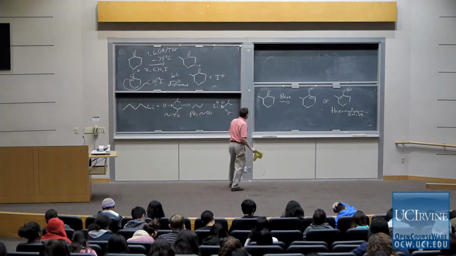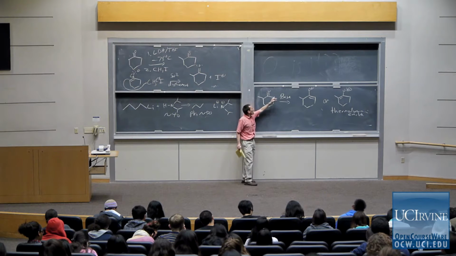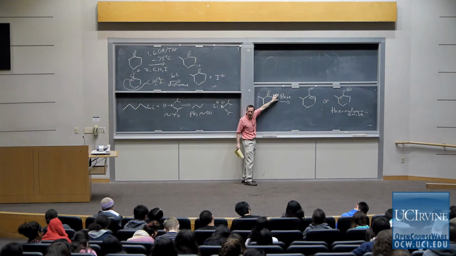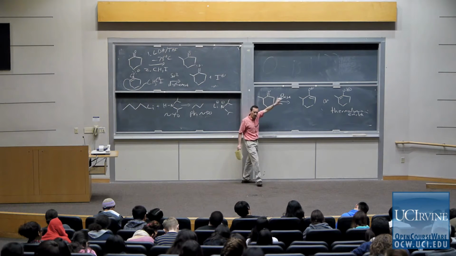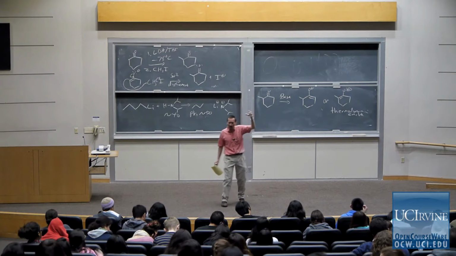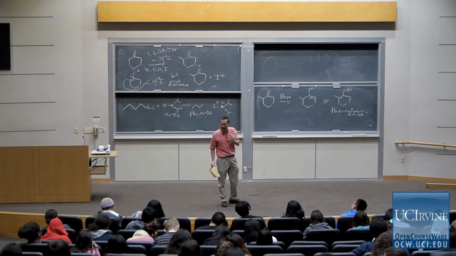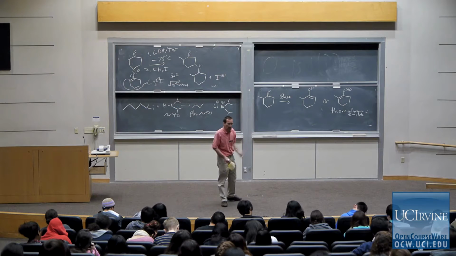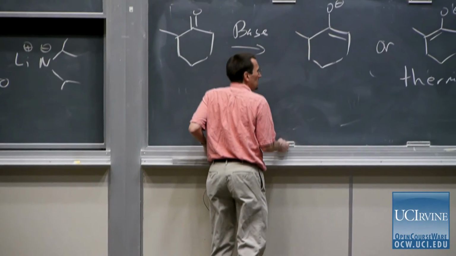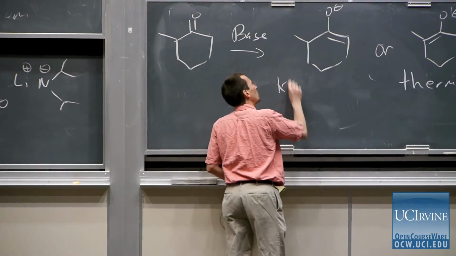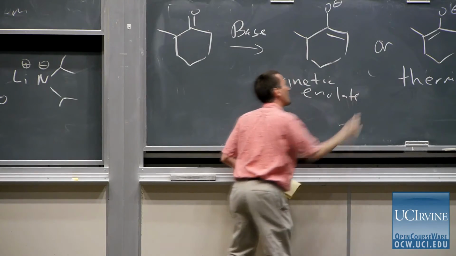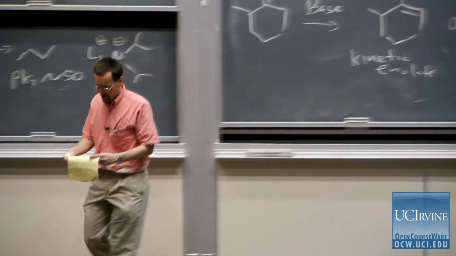But we also know that size matters. We have a bulky side of the molecule, we have a non-bulky side of the molecule. If a base, particularly a sterically hindered base, needs to get in to pull off a proton, it's going to grab the easier one if it's bulky. So the enolate that is less substituted is often referred to as the kinetic enolate, the one that forms first, the one that is easier to form.